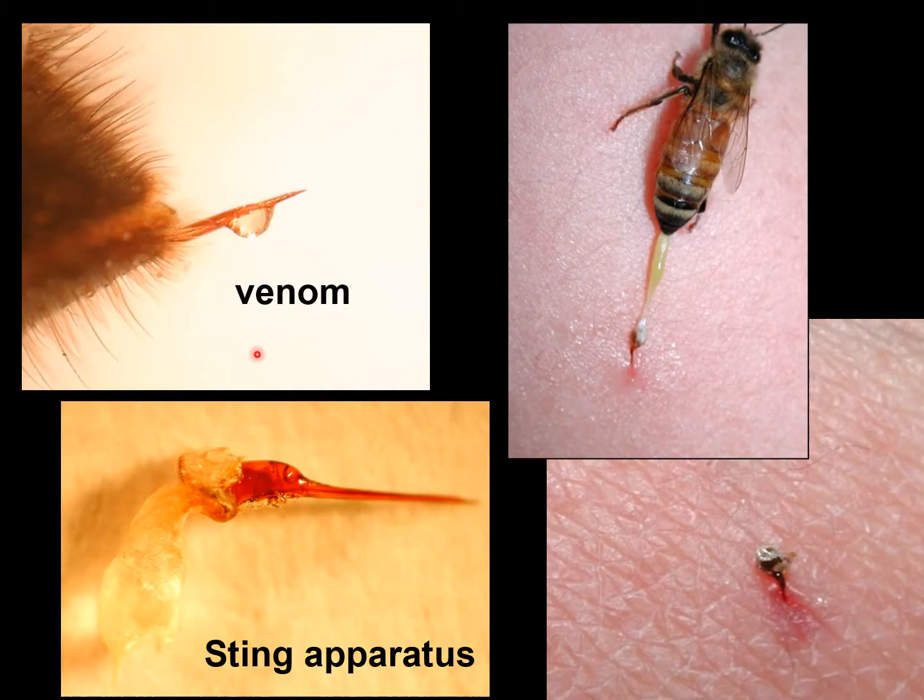This slide shows the various processes of when a bee stings its victim. What you see here is a bee that has just stung its prey. What you see over here is the sting apparatus, and this is the sting while it's still intact at the distal end of the bee.